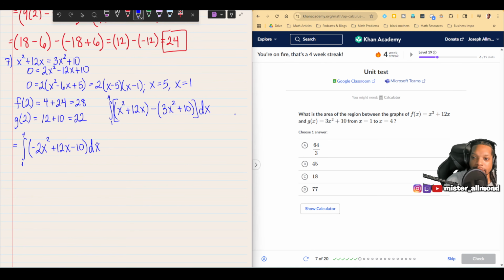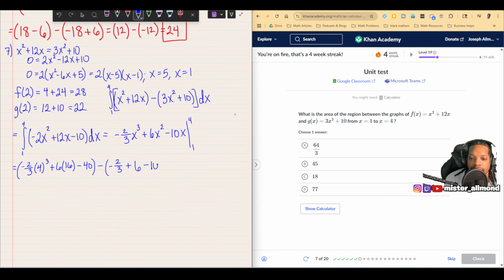And then my second iteration, I'm just going to replace x with 1. So that'll be negative 2/3 plus 6 minus 10. All right, so whatever all of that comes out to be should be my final answer. And they do let me use a calculator, so I'm going to go ahead and do that. Let me pull up my calculator. All right, so 64 times 2, 128 divided by 3.